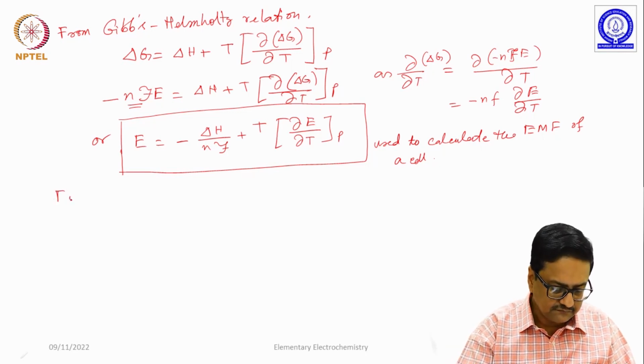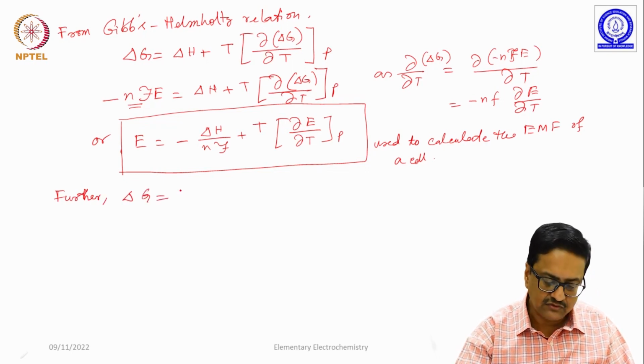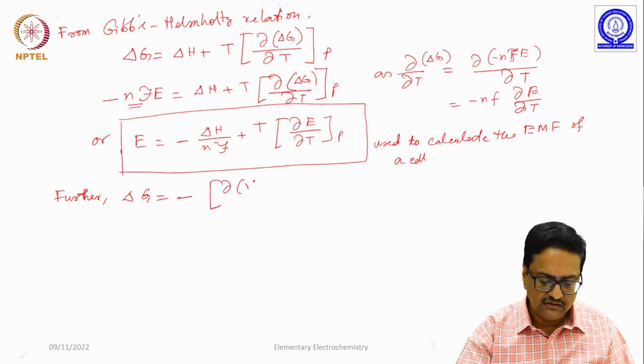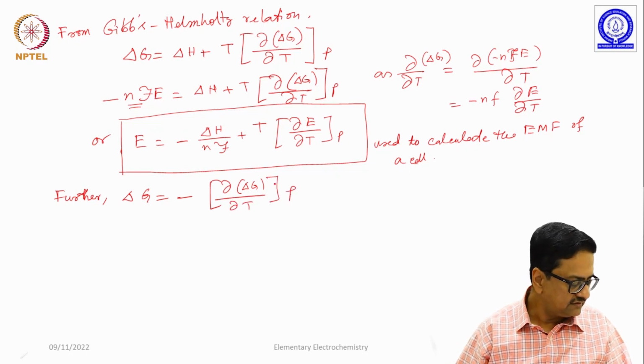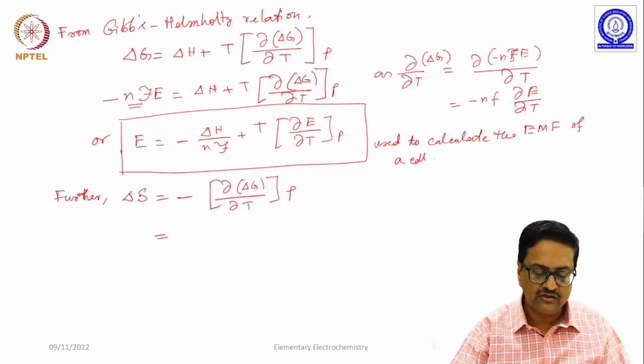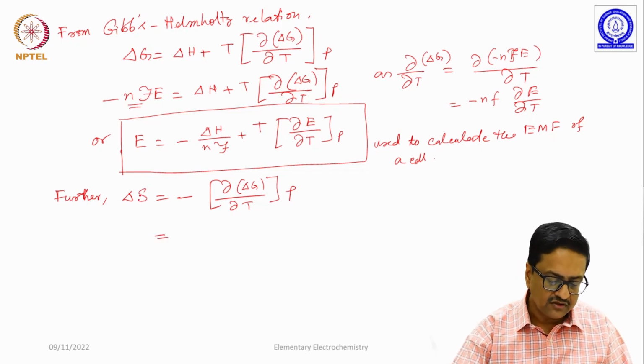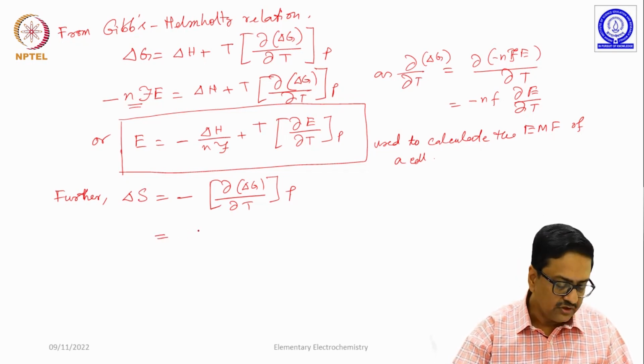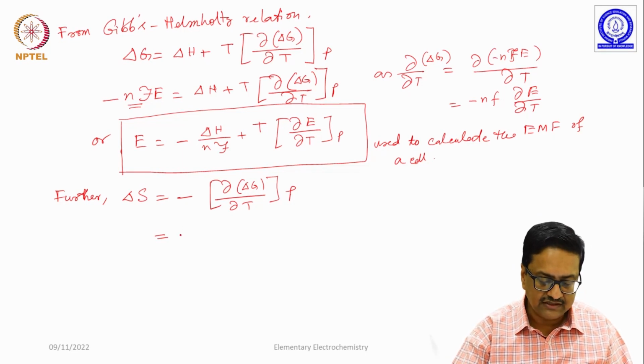Further, we know that delta S is equal to minus del delta G del T at P, and you can again replace delta G by minus nFE.